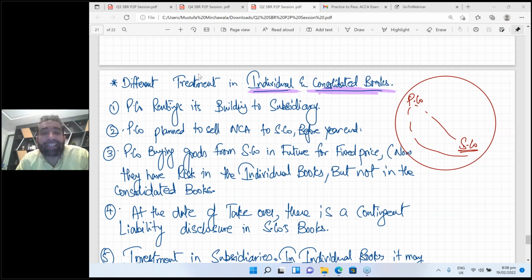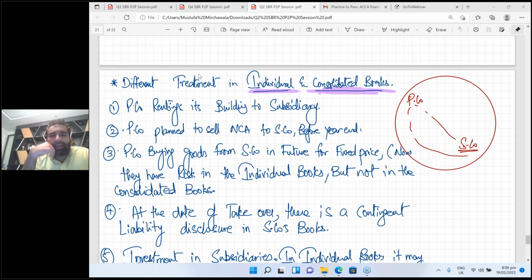One of the biggest conditions is that you have to prove your risk. If there is a risk in your books, then you can hedge it, because through hedge accounting you reduce your risk. Through hedging, you control your risk. So first of all, you need to prove whether there is a risk in your books or not. Without risk, you cannot do hedge accounting. If you don't have any exposure, you cannot book hedge accounting.